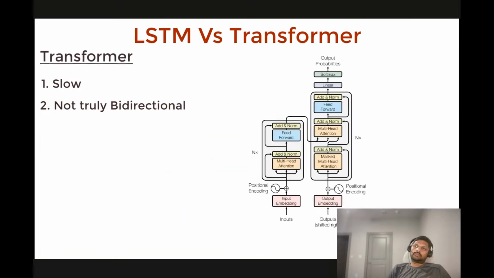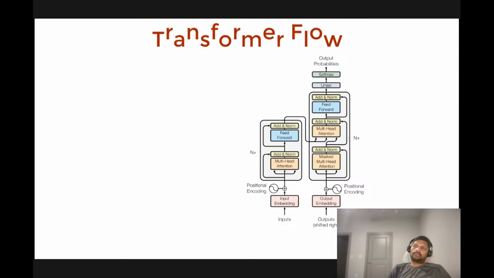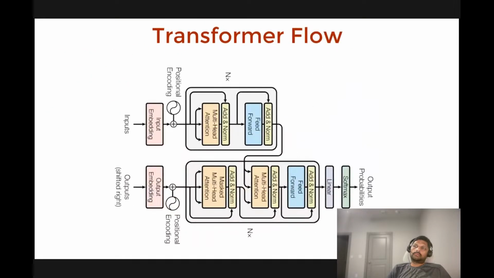But the transformer architecture addresses some of these concerns. First, they are faster as words can be processed simultaneously. Second, the context of words is better learned, as they can learn context from both directions simultaneously. So for now, let's see the transformer in action. Say we want to train this architecture to convert English to French. The transformer consists of two key components, an encoder and a decoder.